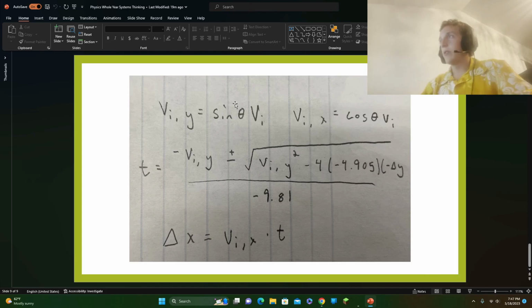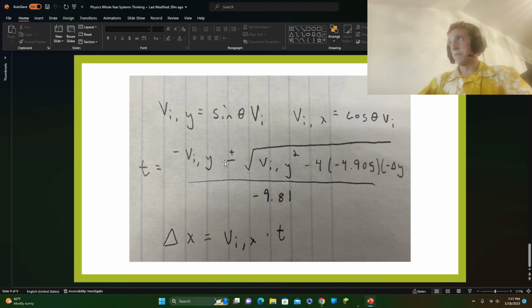With that, we can find time by applying the quadratic equation to a projectile motion equation, which is delta p equals v initial times time plus 1/2 acceleration times time squared. If you subtract delta p from both sides, you have 0 equals all that.